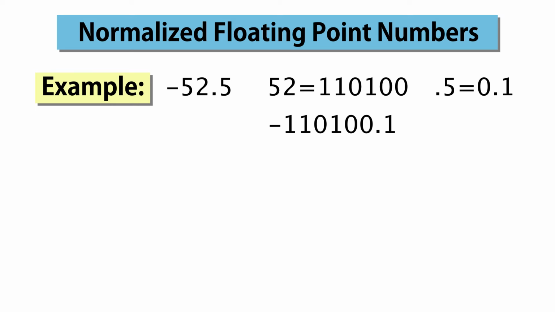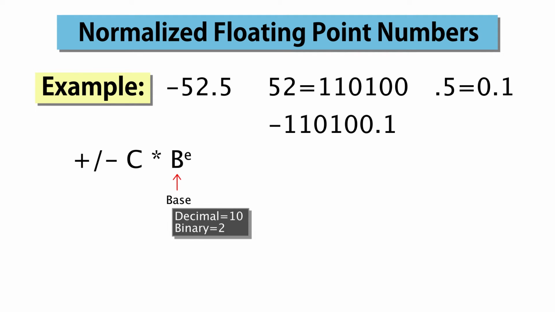You may recall that in scientific notation, we represent our number in a particular form. The sign is either plus or minus. The constant c has one significant digit to the left of the radix point. The base b is 10 for decimal numbers and 2 for binary. The exponent is a positive or negative integer.